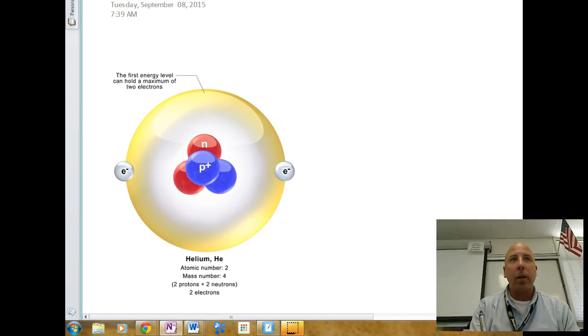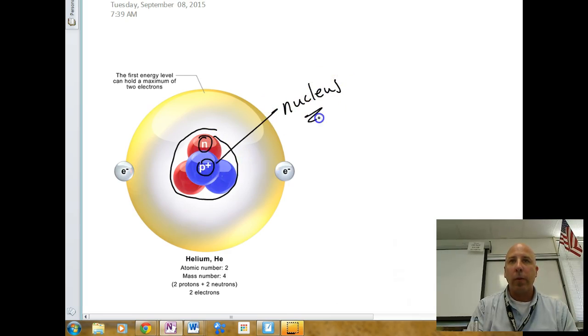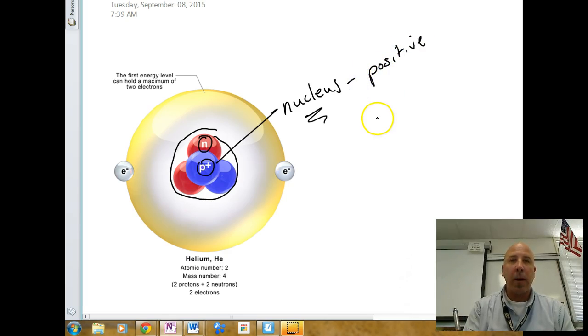We can see here that we have our neutrons and our protons. All of these together would be considered the nucleus. Because you have positively charged protons and neutrally charged neutrons, we say that the nucleus is positive. The nucleus itself is positively charged because of those protons. There's nothing there to cancel out the positive charge.